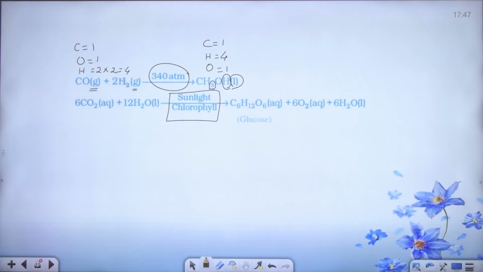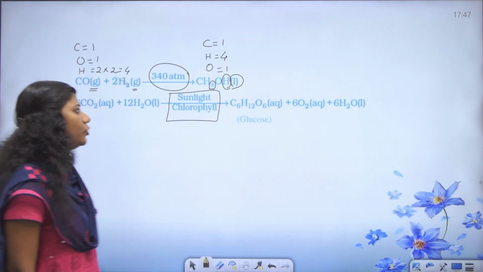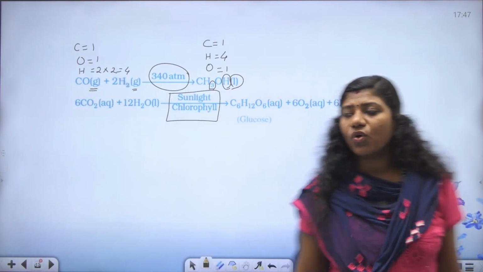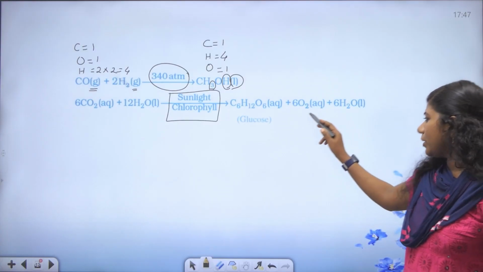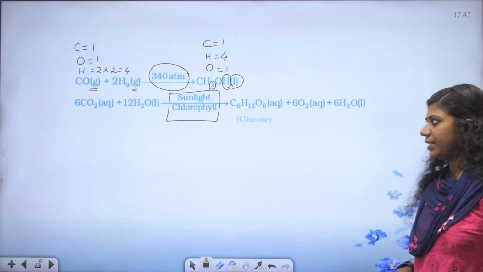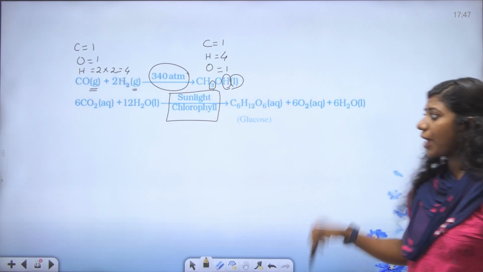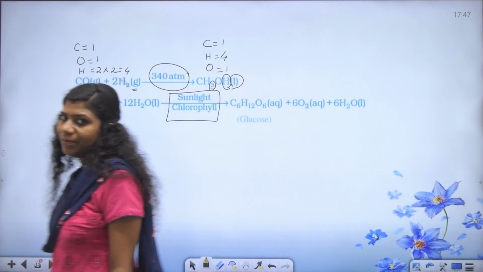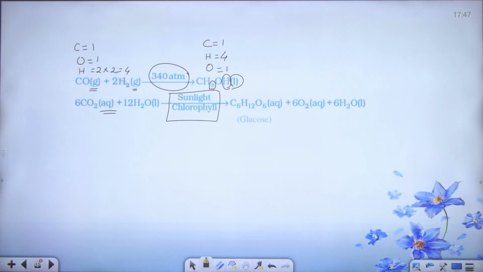Carbon dioxide reacts with water to form C6H12O6, which is glucose, plus oxygen and water. Carbon dioxide is in aqueous form. Aqueous means carbon dioxide dissolved in water. Then water in liquid form, glucose in aqueous form, oxygen in aqueous form, water in liquid form.